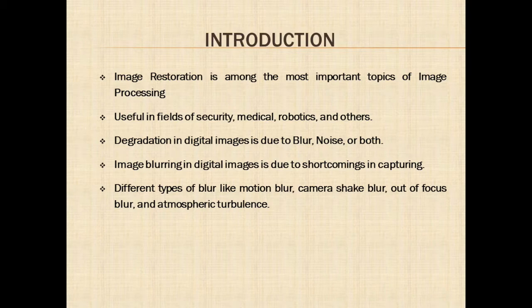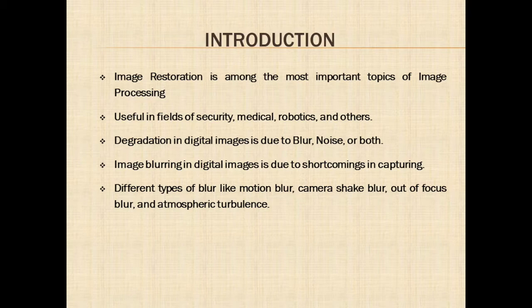First of all, let me introduce the problem to you. When we take a picture, we want it to be the exact replica of the natural scene, but due to different reasons like misfocus, motion, or atmospheric turbulence, blur is introduced into the picture, which in some cases like in the field of security, medical, robotics and others is very important to remove, and the picture needs to be restored from the degraded image.